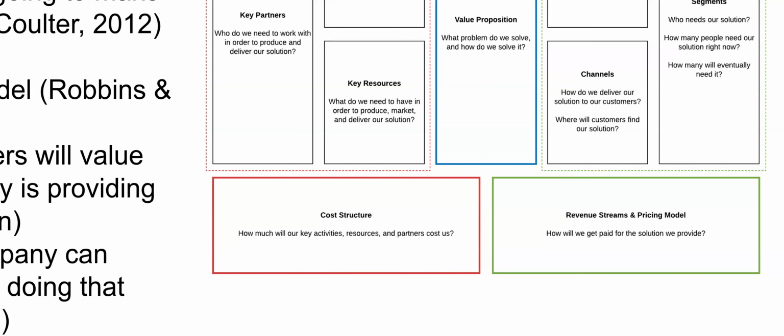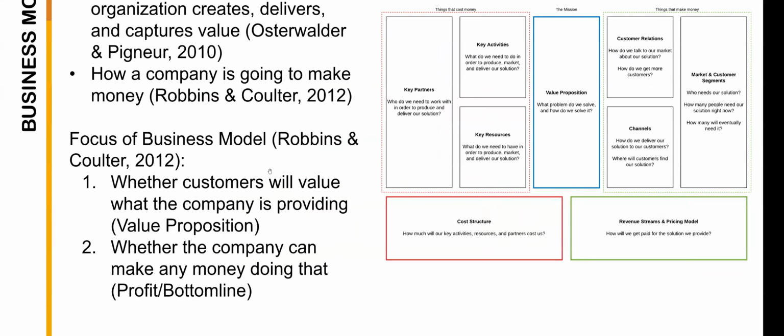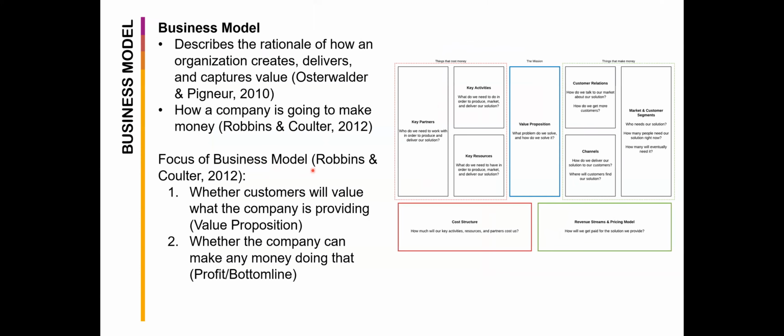So one can read these two in that way. So again, the focus of the business model is whether customers will value what the company is providing, which is the value proposition, and whether the company can make any money doing that, so the profit or the bottom line.